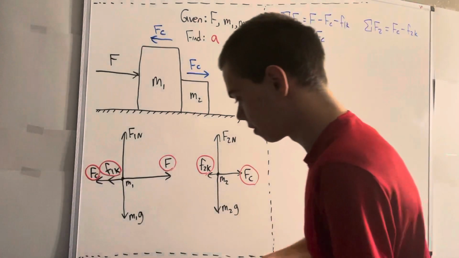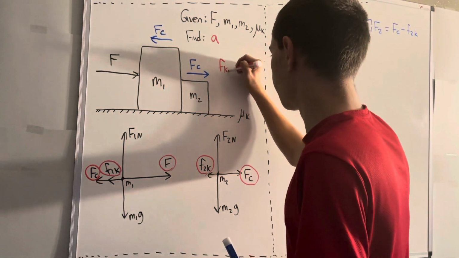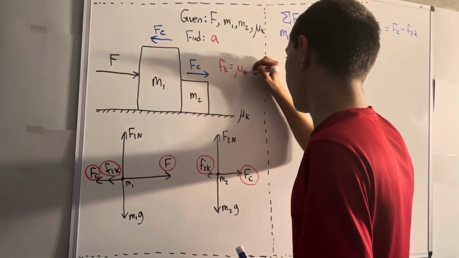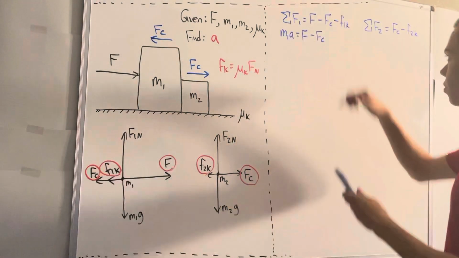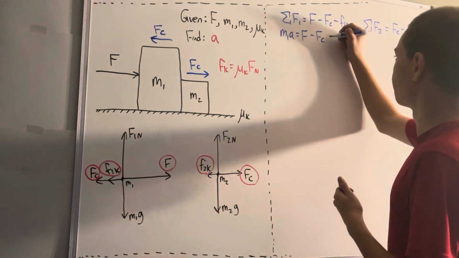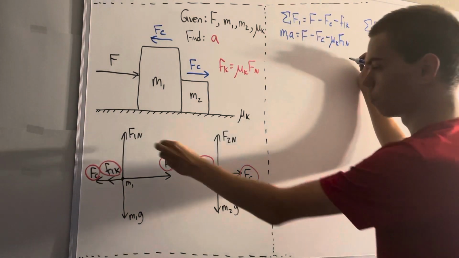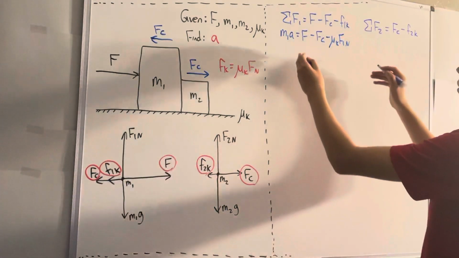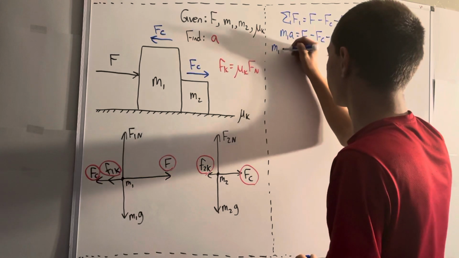If we recall, kinetic friction is just mu k Fn, and we're going to apply that idea here. So really, F1k is just mu k F1n, the normal force on block 1, and continuing further with this.